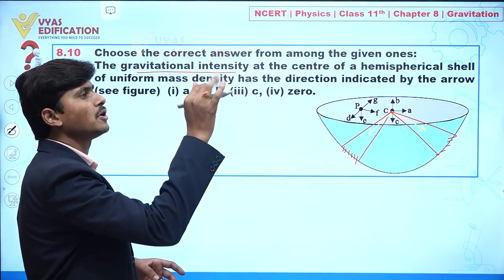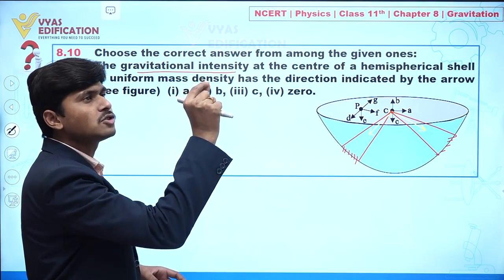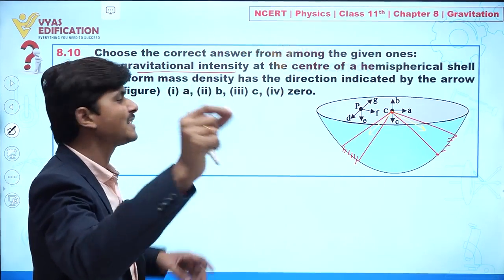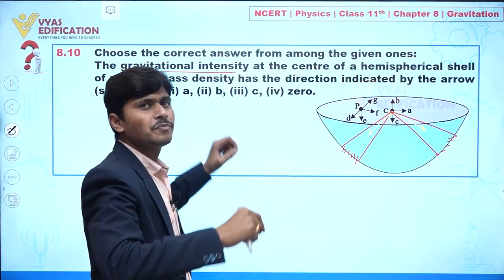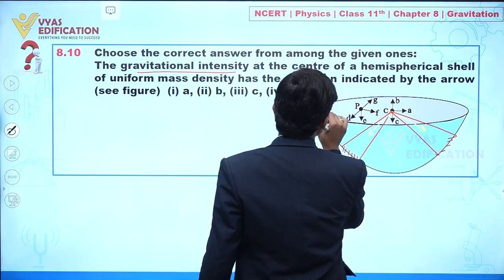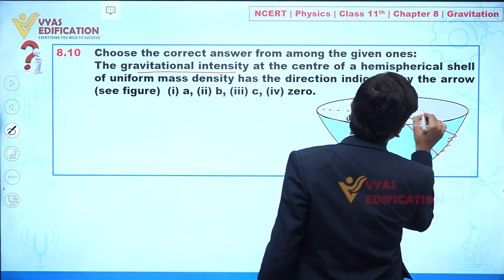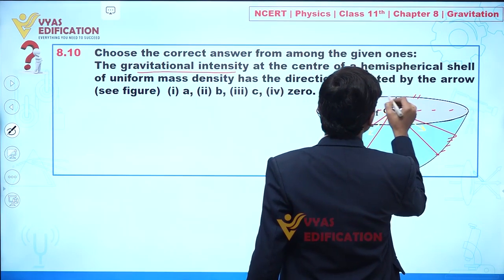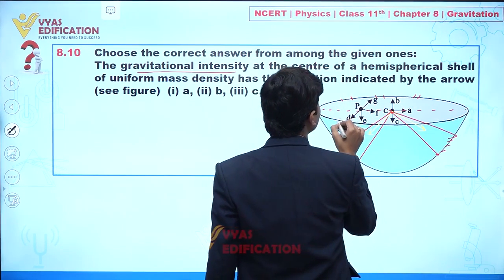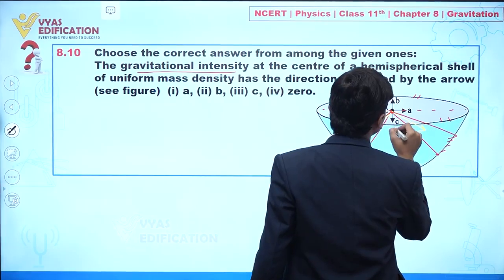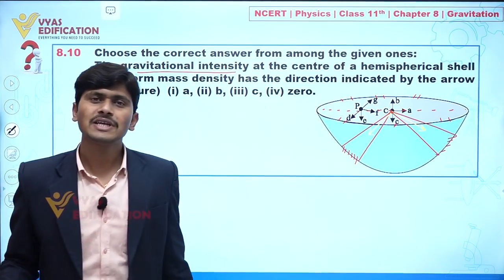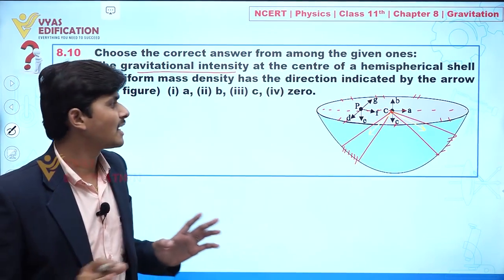This direction indicates C, this direction indicates B. If this is half of the hemisphere, the electric field due to this half part will be cancelled out by the electric field due to the other half part. It means B and C is not the correct answer.